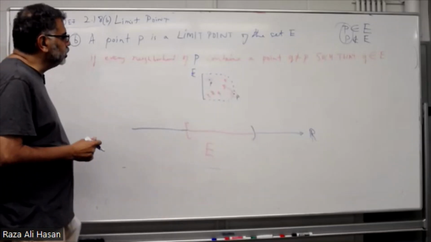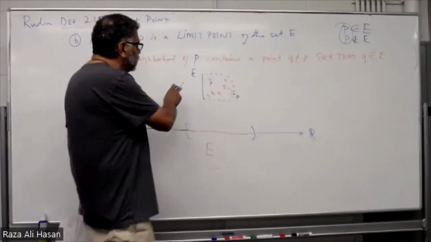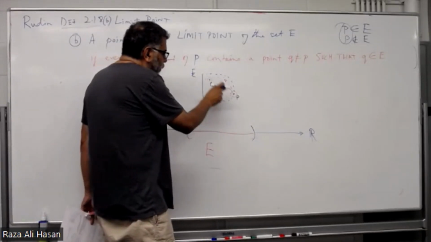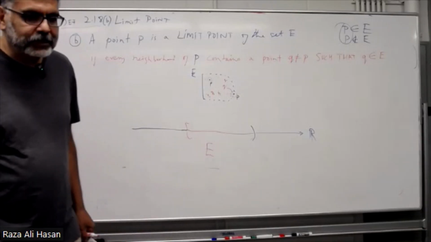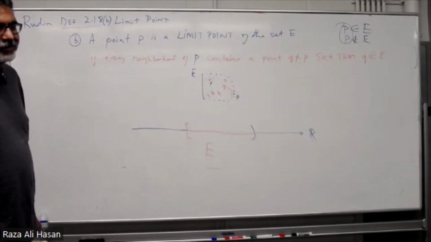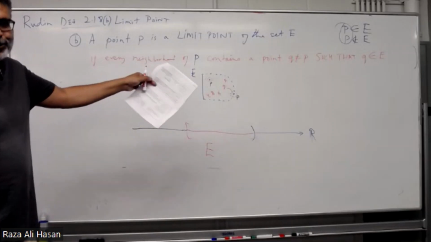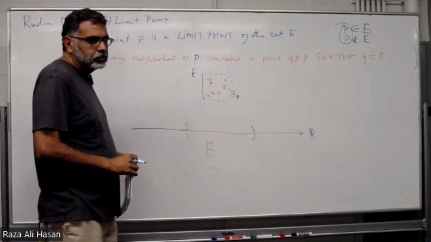So this is a point on the upper boundary, which means P is not an element of the set E, but it is a limit point because its neighborhood contains elements of E, the Q's.